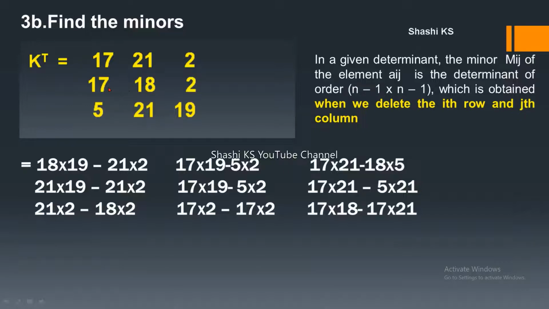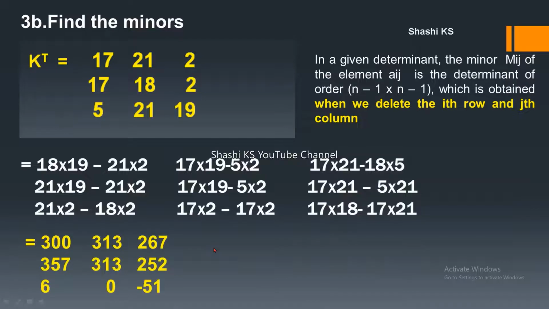Find the determinant by doing 17 into 21 minus 18 into 5, and that result is placed in the position where the element 2 was present. When you do all of that, you get the minors for the transpose matrix KT. The final elements you get are 300, 313, 267 and so on. This is your minor matrix.